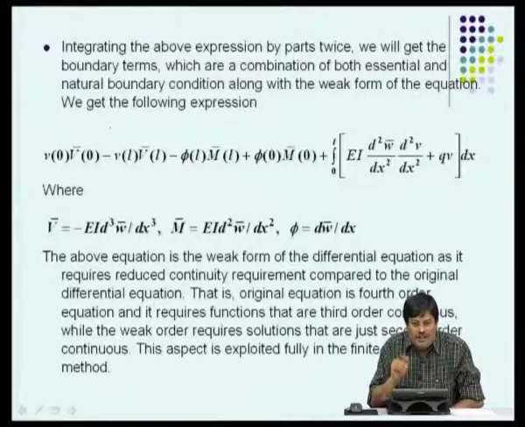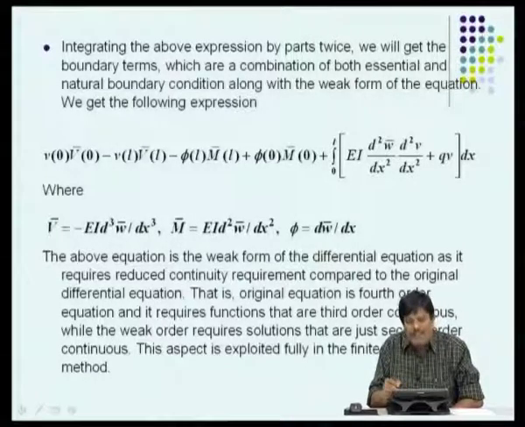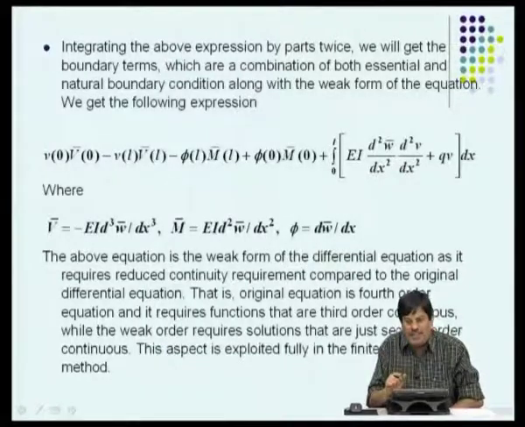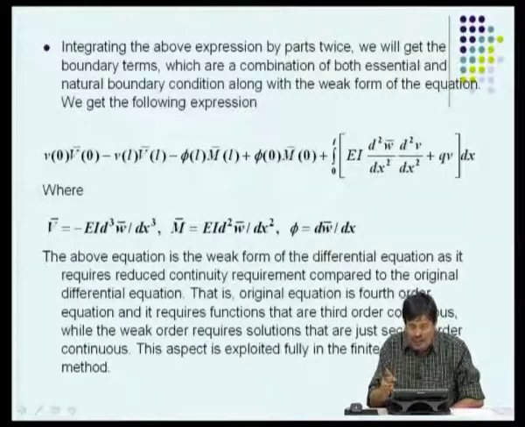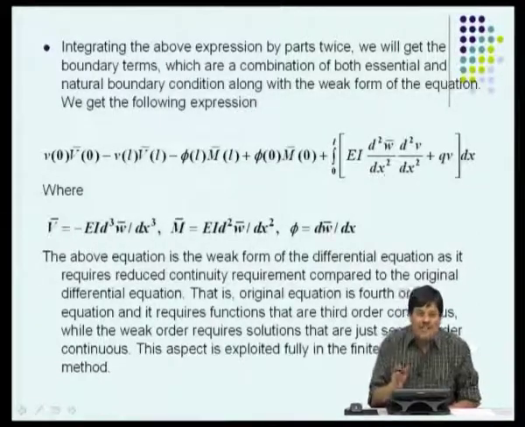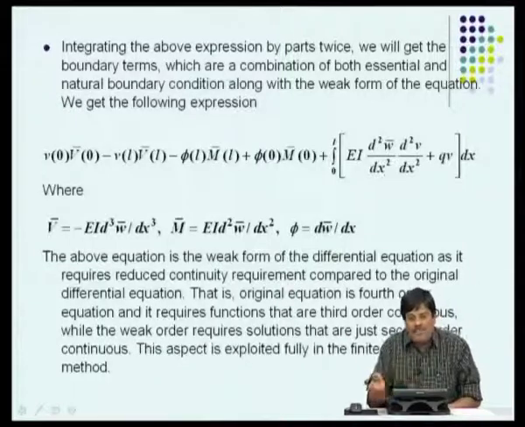Now, to start the FEM, what should we do? We say that W bar is equal to V. When we do that, this becomes an energy functional, which we will use in the theorem of minimum potential energy. If we do not want to do that, if we want V different from W bar, then it becomes a weighted residual technique. Then we come up with a new integration scheme, and this is where the link between FEM and other methods is.